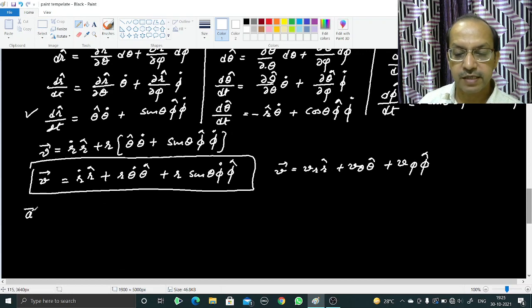So to find the acceleration, we will again differentiate this velocity, by parts.